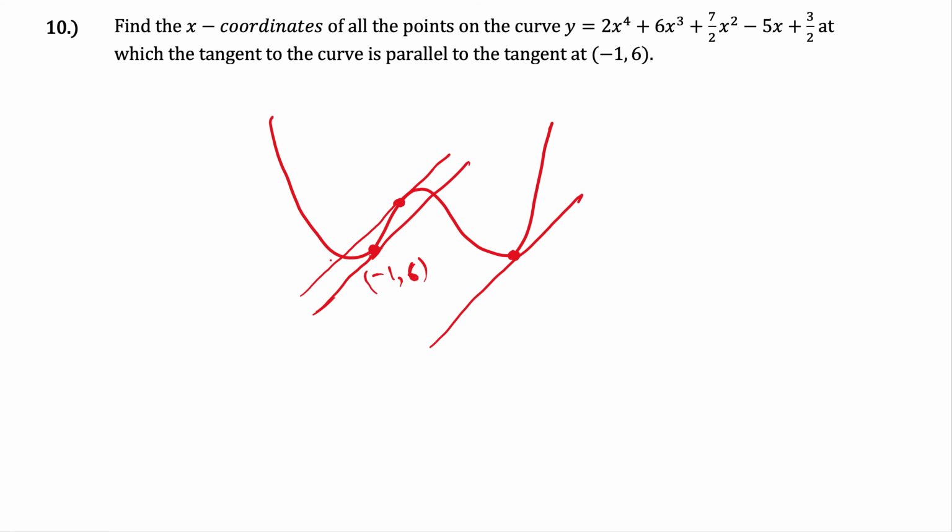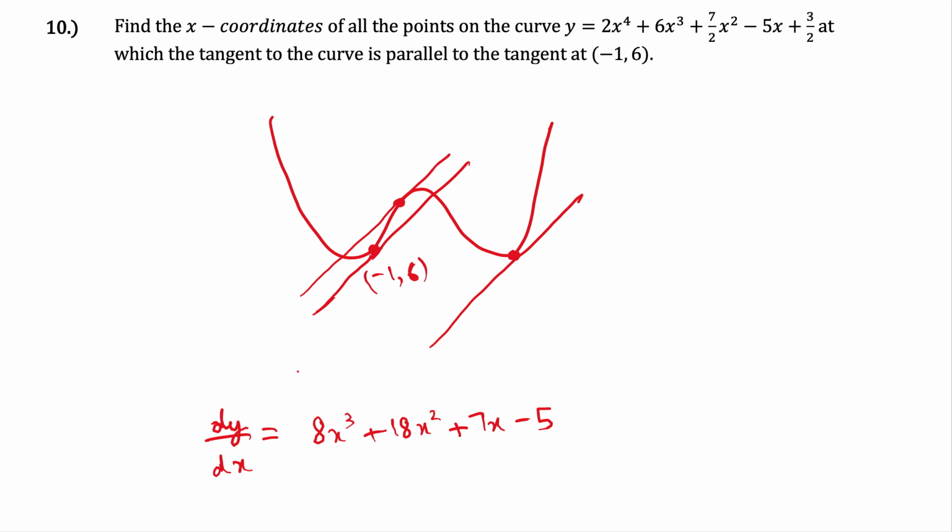So firstly, we'll start by finding the first derivative of this function. So dy/dx will equal 8x cubed plus 18x squared plus 7x minus 5. Now this is the derivative of this function.